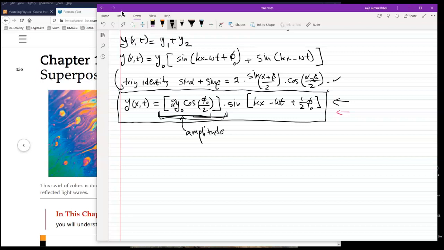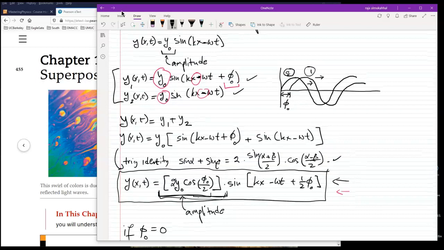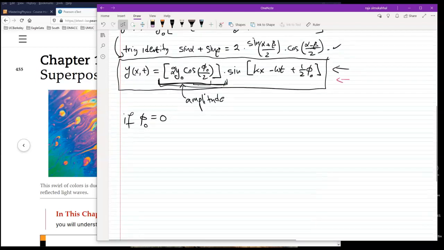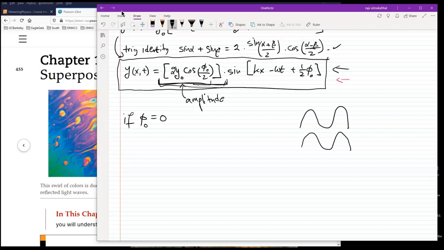I'll give you an example. What if phi naught was, let's say, 0? What does that mean? Go back to the picture. If it was 0, that means I have two identical waves with no phase constant, and they meet each other. What will happen? It looks something like that. I have one wave moving this way, and here is another one that is exactly the same, exactly in phase. We call them in phase because the phase constant here is 0.